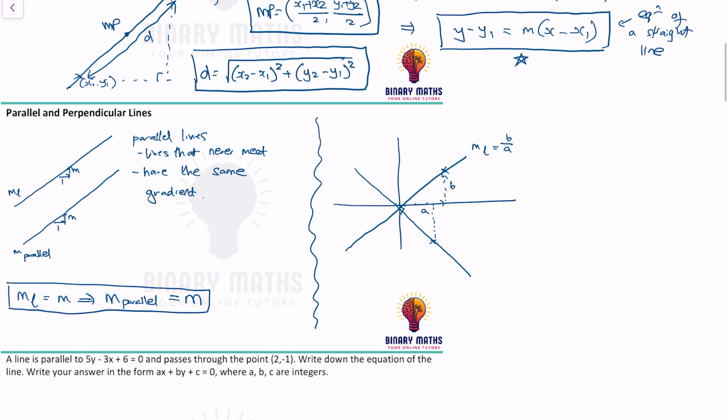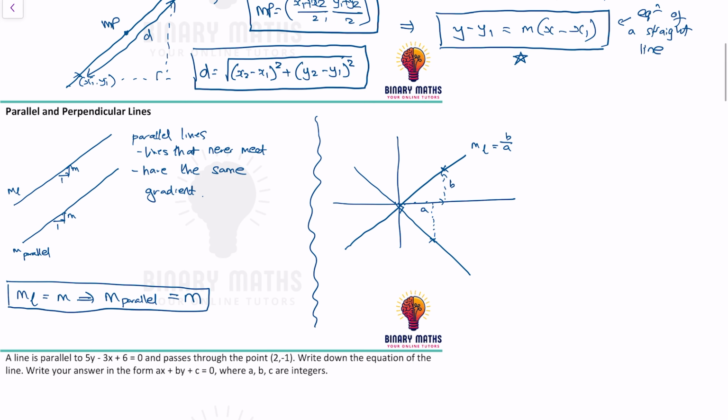Now this part is, because I've rotated it by 90 degrees, this is now A, and this part is now B. Now the gradient of the perpendicular is equal to change in Y over change in X. Now change in Y is negative A, because it's gone down by A, over change in X, which is B. Now see that the perpendicular is a negative reciprocal of the gradient of the original line.